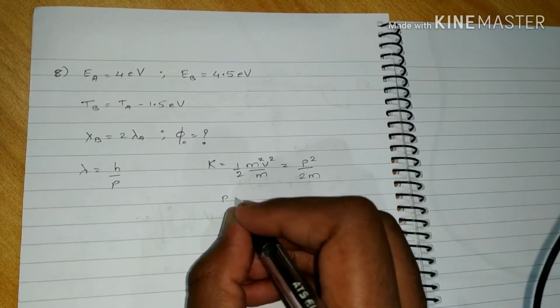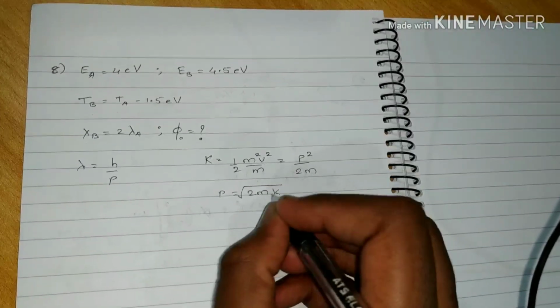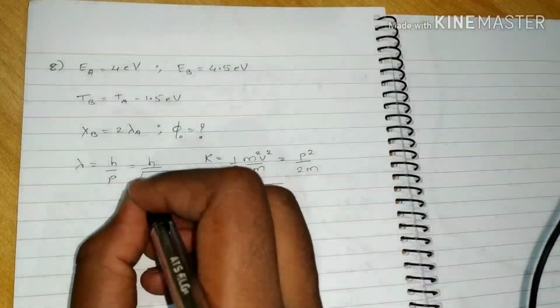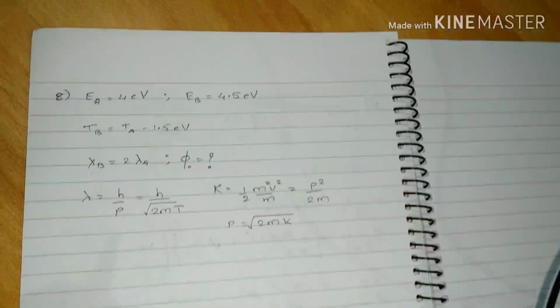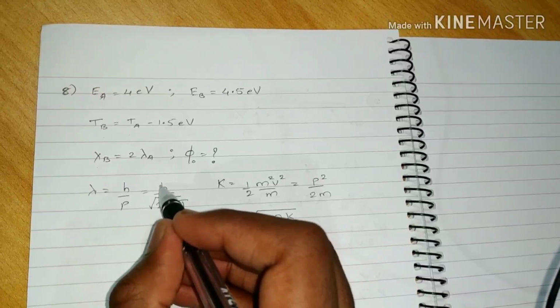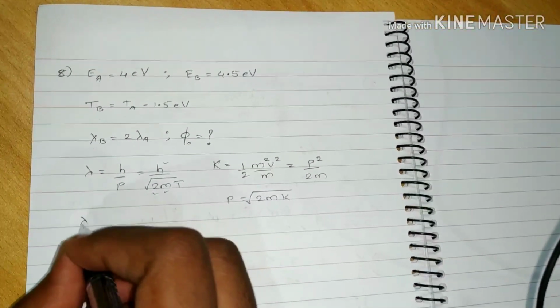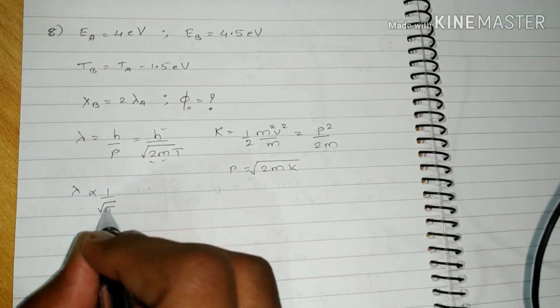This will give me p is equal to square root of 2mK. You substitute it over here, the expression becomes h upon square root of 2mT, where the kinetic energy is expressed as T. From here, since h is constant, m is constant and 2 is constant, I can easily conclude that lambda is inversely proportional to root of T.